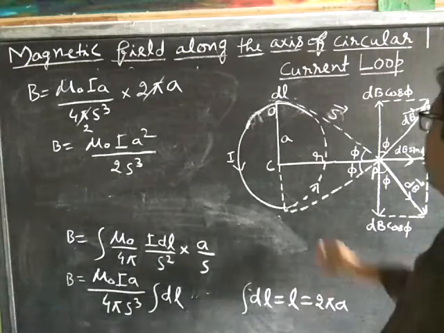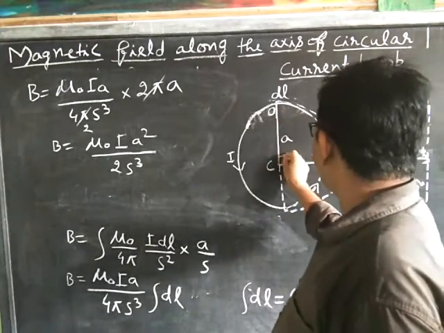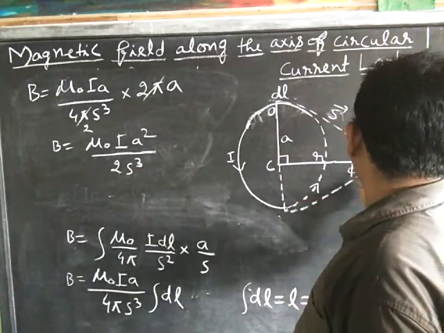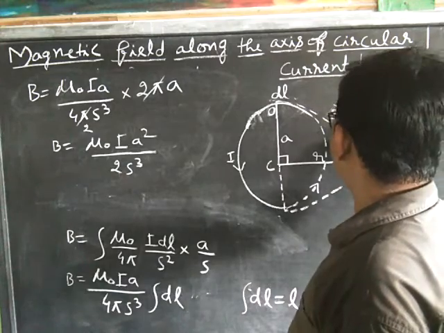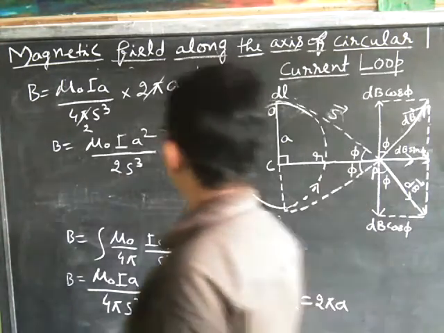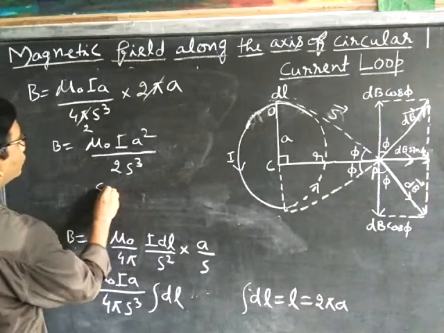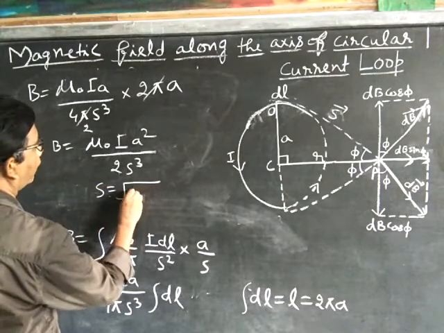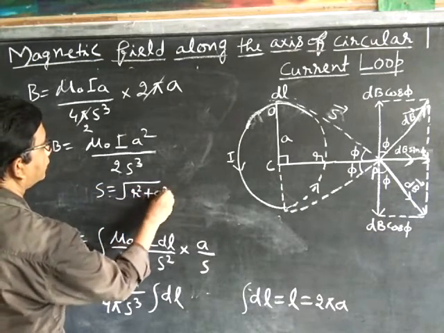Now in right angle triangle OCP, S is equal to under root R square plus A square.